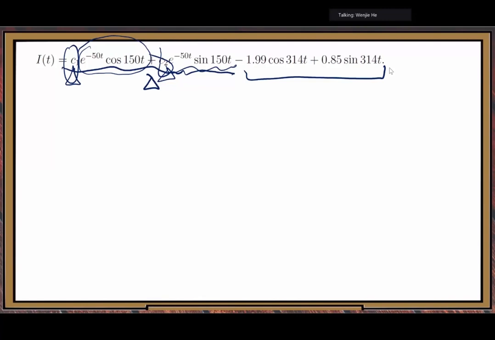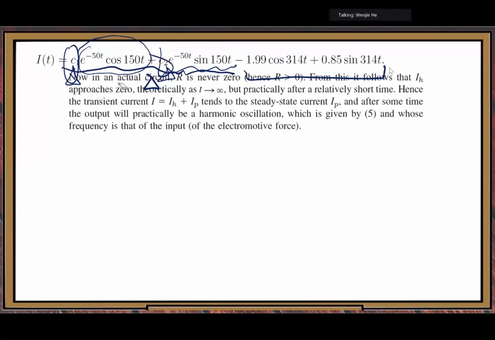Then there is another related concept, based on the textbook. This paragraph I cut from the textbook. When you look at the solution, these 2 parts: the first part has an E function, the second part has sine and cosine. Their behaviors are different.